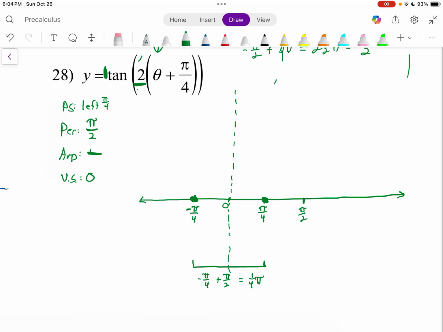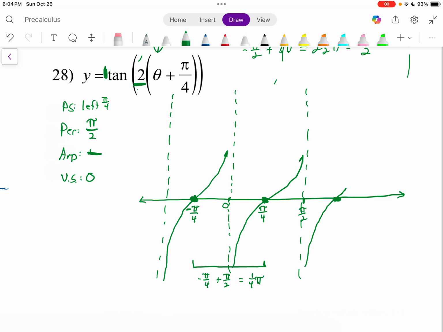If I add the period, which is pi over 2, we would be at pi over 2. So that's going to be another vertical asymptote. And we can stick another 0 on there. And then we can graph tangent. All right. And there is our review.